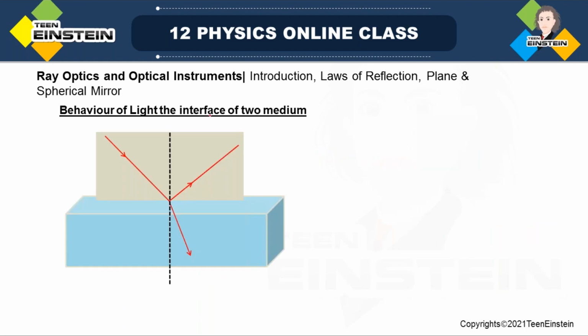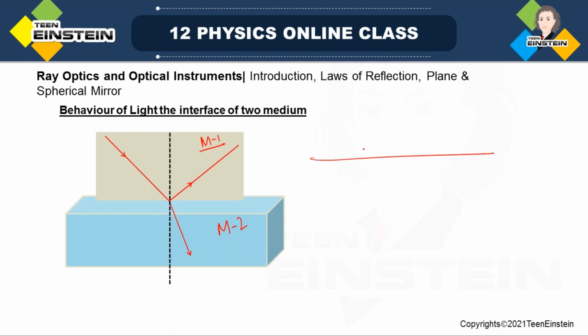The first lesson is behavior of light at the interface of two media. So you can see there are two media. Here medium 1, suppose M1, and here it is medium 2.